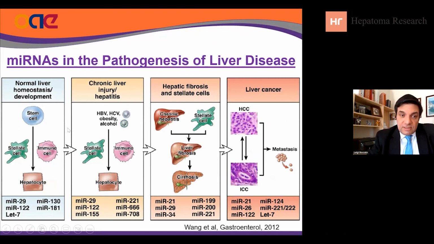And just to give you an idea, we mentioned, of course, so far genetic factors, but we must not forget about epigenetic factors. The microRNAs are just some of those, but they have been clearly associated with the progression from step to step of liver disease from the normal level to the first stage liver injury, hepatitis, and then fibrosis and cancer.